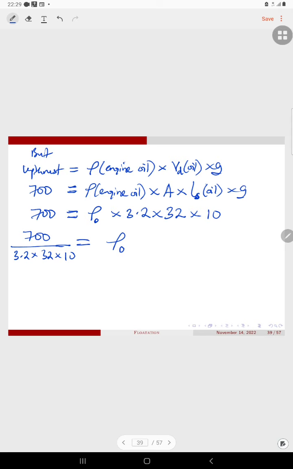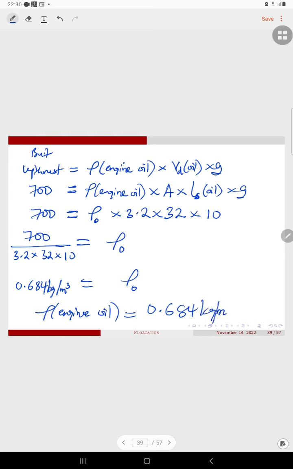You can choose to work them before you divide. It is mathematics, so you are not restricted to a particular step. And when we work this out with the calculator, we are going to get 0.684, density in kilogram per cubic meter. So the density of the engine oil is 0.684, sorry, 6.84 kilogram per cubic meter.